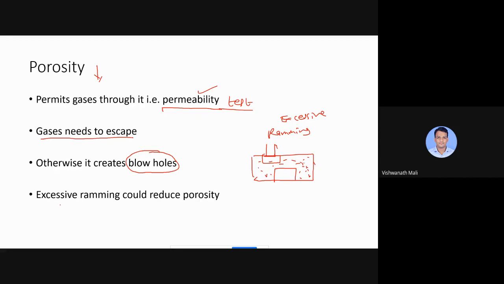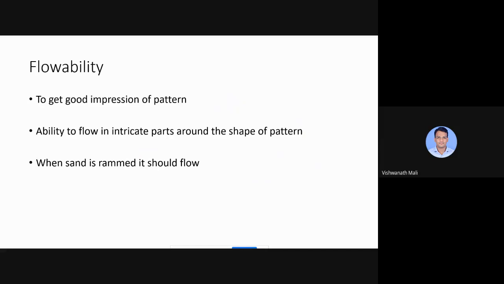So excessive ramming would reduce the porosity. You need to ram to get good strength and the mold you want, but it should not reduce the porosity. That we need to consider. So this is one property, porosity, that molding sand should have. Then next is flowability. So what is flowability?